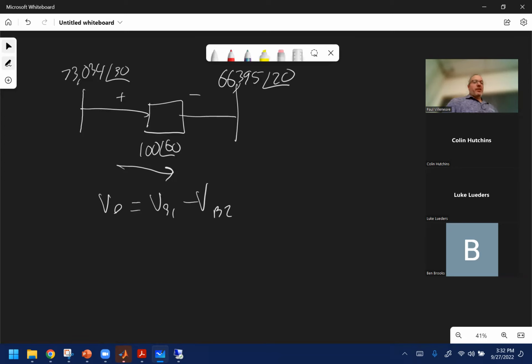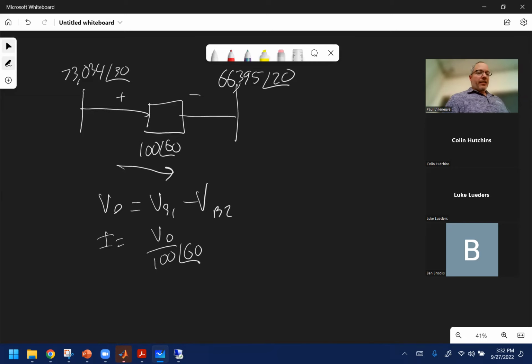To solve for I, it's your voltage drop divided by 100 at an angle of 60. But my question was, what is the total power per phase being transmitted from bus 1 to bus 2? It's not the power that is dropped in the line. It is the power transmitted across the system from bus 1.